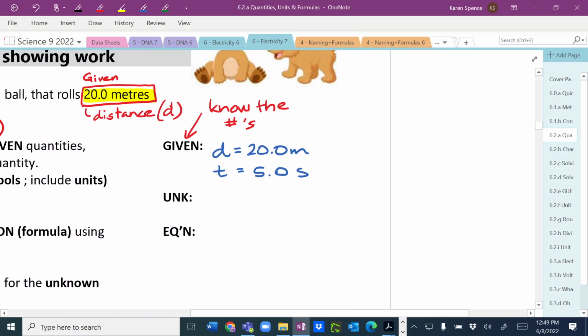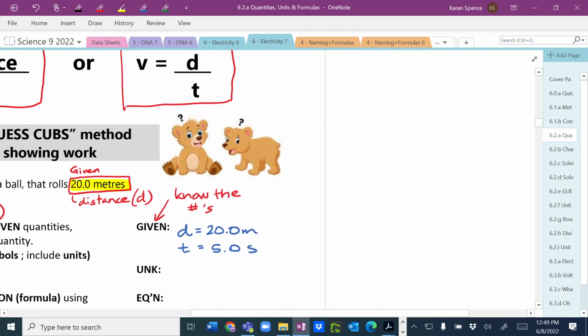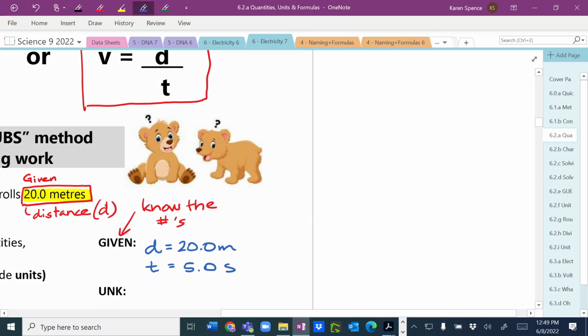I'm going to show you what people do that's wrong. Where am I going to put that? Somewhere where we have a little bit of room. See, people sometimes write down seconds equals 5. Okay, no. You want to tell me first the quantity, and then you want to tell me the number with the unit. Yes?